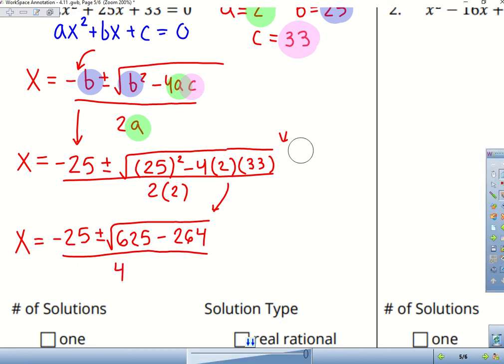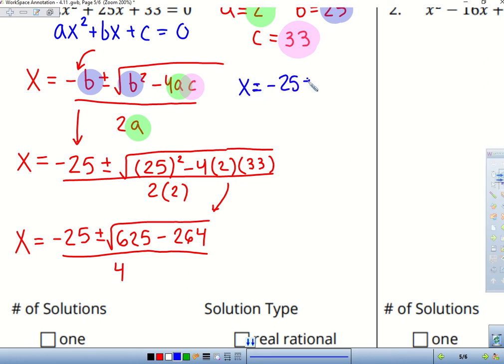So the hardest part about this is having enough room. So this will actually simplify to give me, and I'm going to write it up here because I'm kind of out of room, x equals negative 25 plus or minus the square root of 361 all over 4.